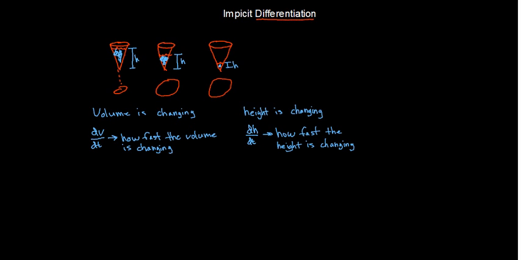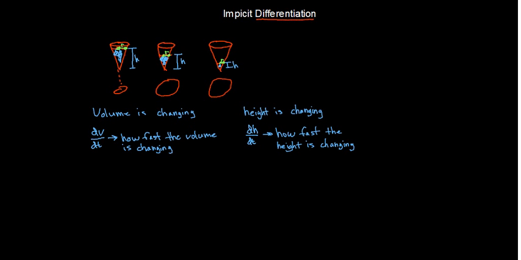Let's see, is there anything else that's changing? Yes, there's one more: the radius of this bit of water. There's the radius, there's that radius, and here's the third radius. Each radius is getting smaller. Well, if the radius is changing, we have another derivative.